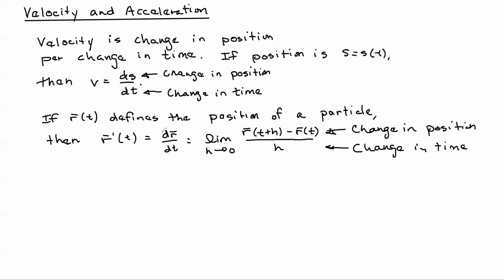So we've got dr, which is change in position, over dt, which is change in time. And as we defined it, velocity is change in position over change in time. So this is velocity. It's just velocity as a vector instead of as a scalar quantity.